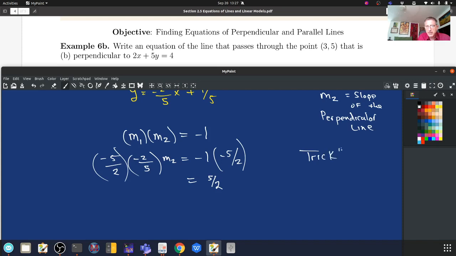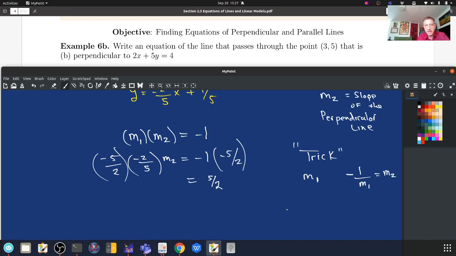And the trick I don't like giving to you. I want you to do it algebraically, but I understand sometimes taking tests there's time pressures. If you're given the slope m1, then minus 1 over m1 is another slope m2 that is perpendicular to m1.